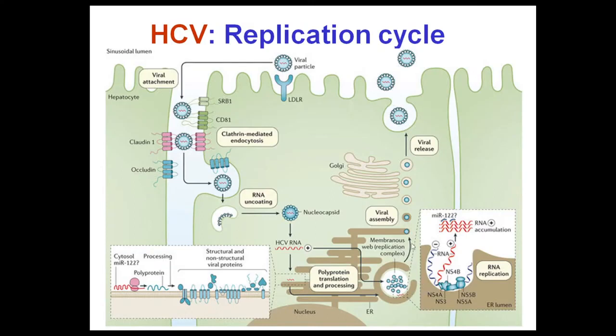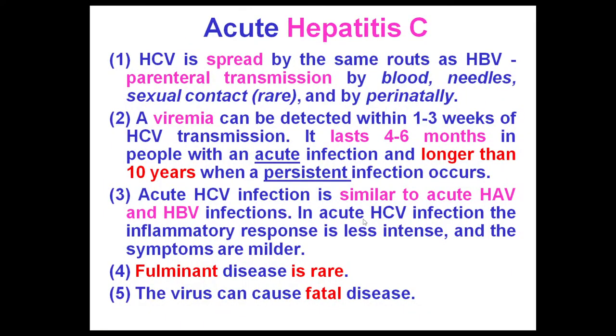Then viral assembly occurs with the positive-sense copies of the RNA molecules, and the viruses travel through the Golgi apparatus to get glycoproteins and phospholipids into the envelope.